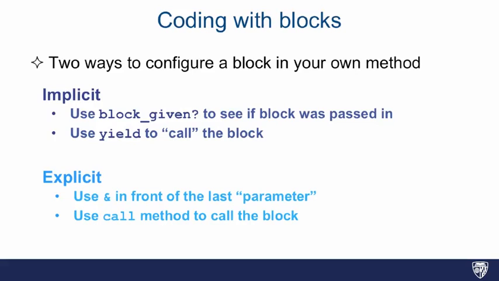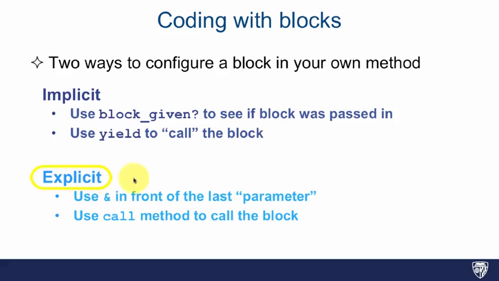If you want to use blocks in the methods that you are going to be writing, there are two ways to actually do that. There is the implicit way and the explicit way. The implicit way is that everything is happening the same as it would be otherwise, and you check for the existence of a block with a built-in method called block_given?, and if a block is given, you yield the control to the block.